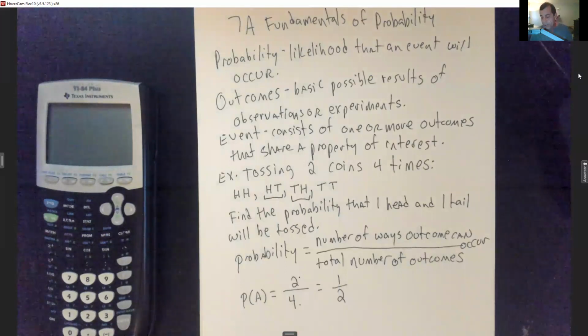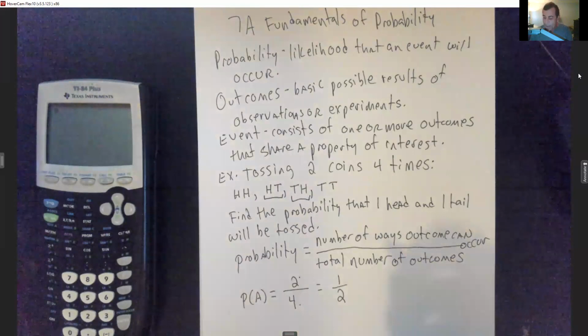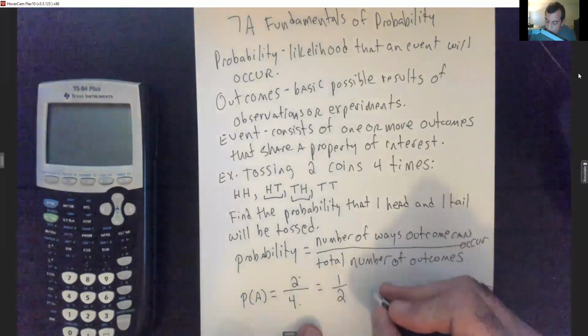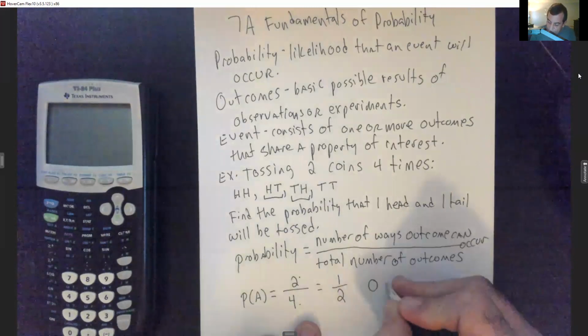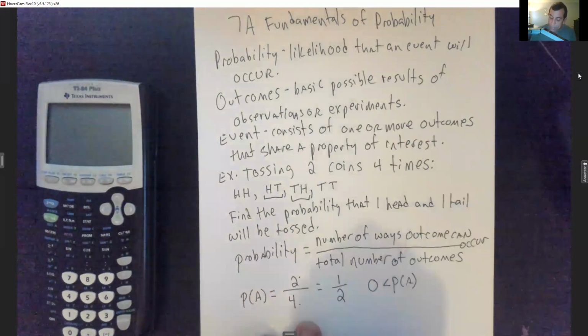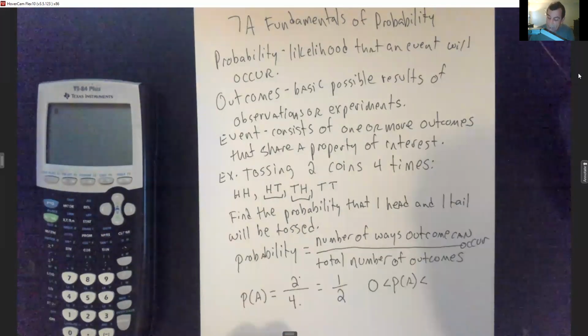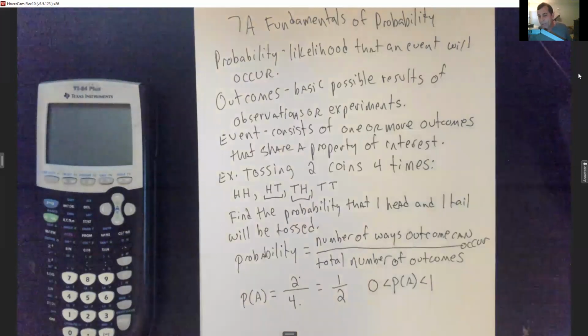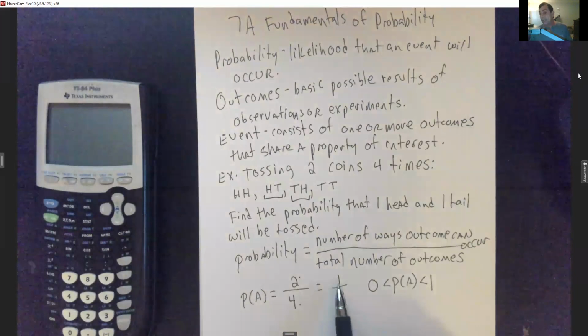And if you notice, your probability has to be greater than 0, but it's going to be less than 1. Any fraction with the numerator smaller than the denominator is going to be less than 1.